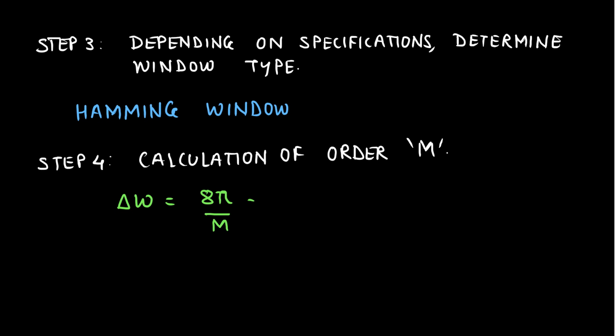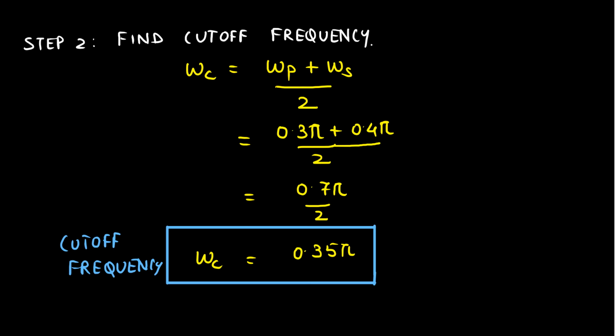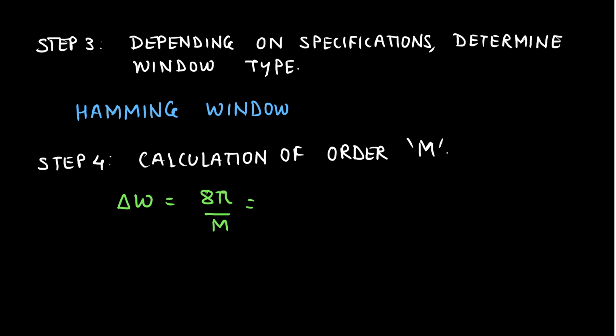by M, and in our case this transition width we have found as 0.1 pi. So let us substitute it here. So 8 pi by M is equal to 0.1 pi. Therefore the order M can be calculated as 8 pi upon 0.1 pi, which is 80.